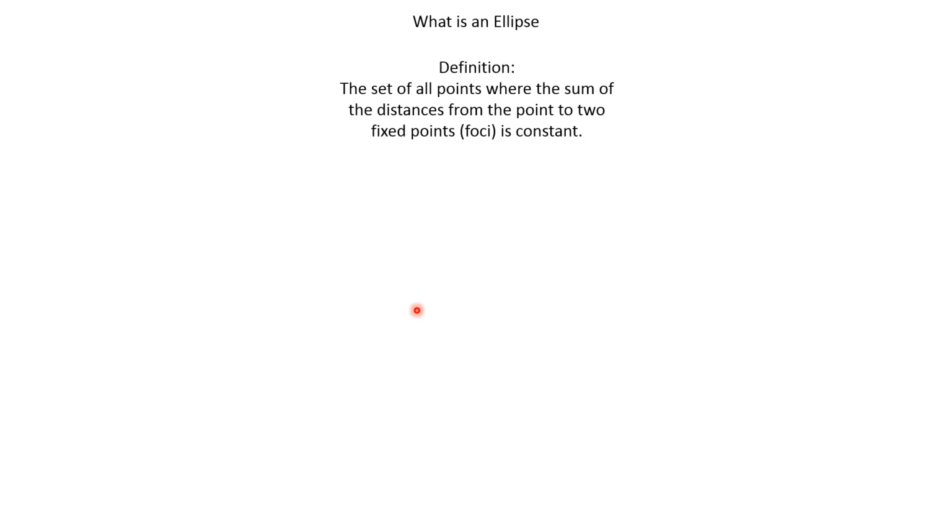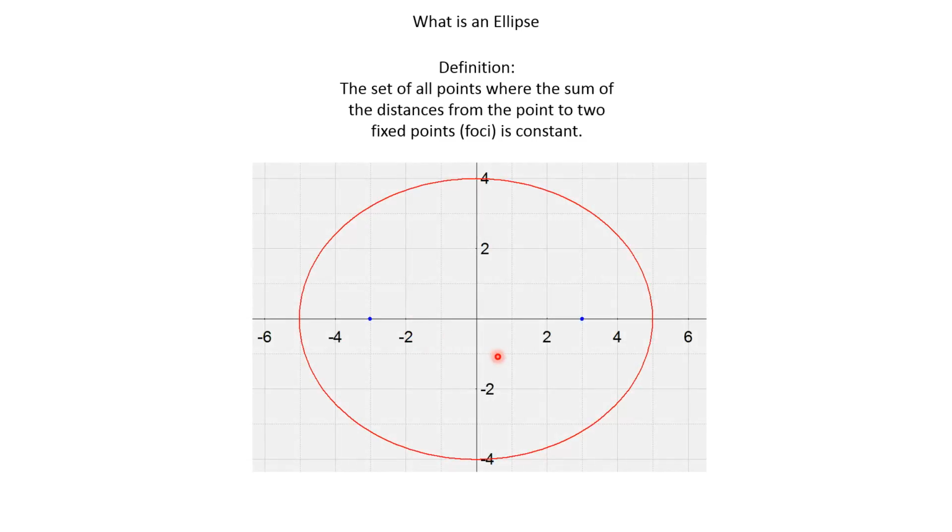What does this mean? Well, if we have an ellipse, these two blue dots are the foci. And again, it's one focus, two foci. Kind of like mongoose. You have one mongoose, two mongai.